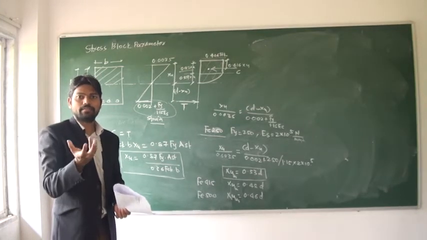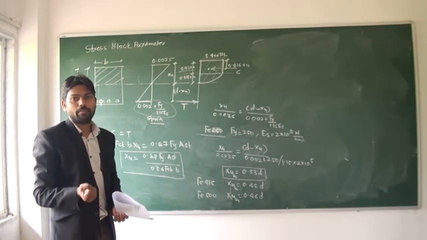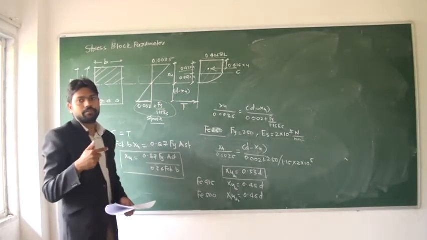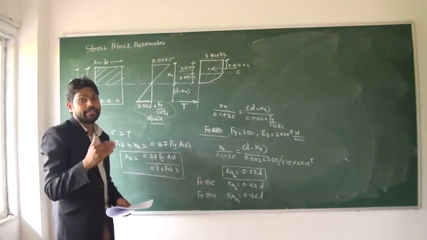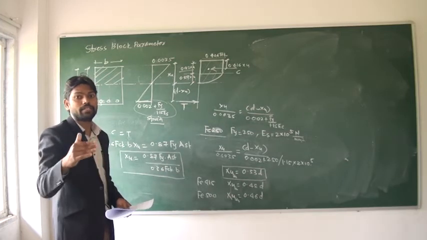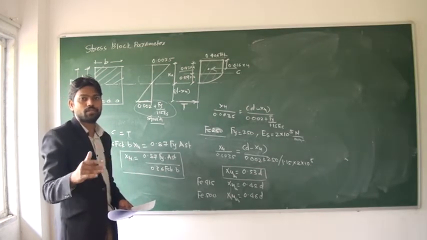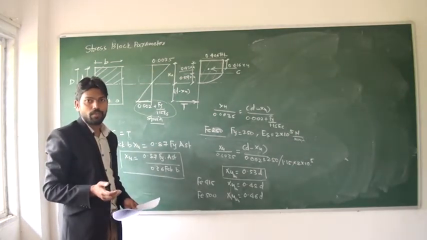As there is less steel, the strain in steel will be much more compared to concrete. The ultimate strain value of steel will be reached first, and then the concrete will reach its ultimate value.